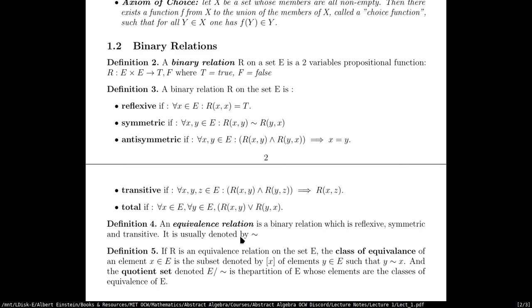What this does is it takes two elements, an ordered pair of those elements, and gives some propositional value about it. Either it's going to be true or it's going to be false, the relation between the elements that it picked.